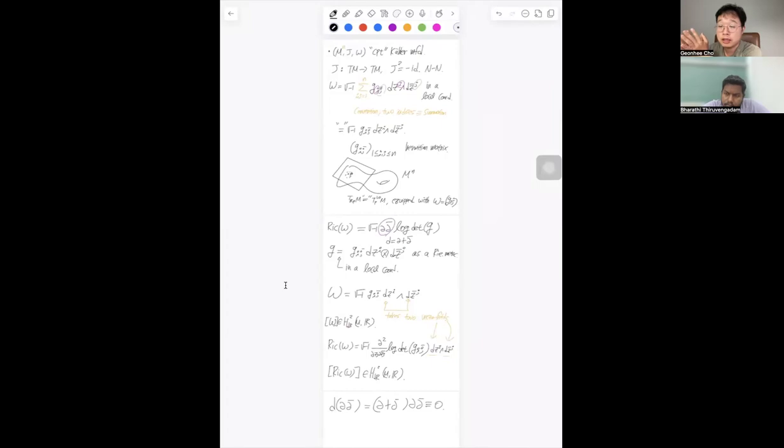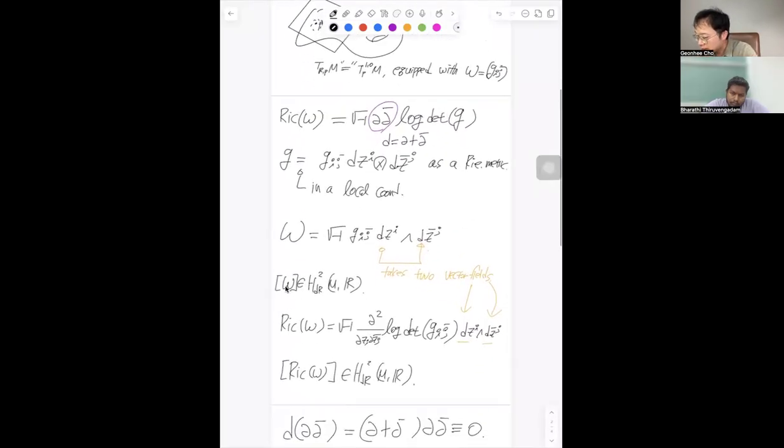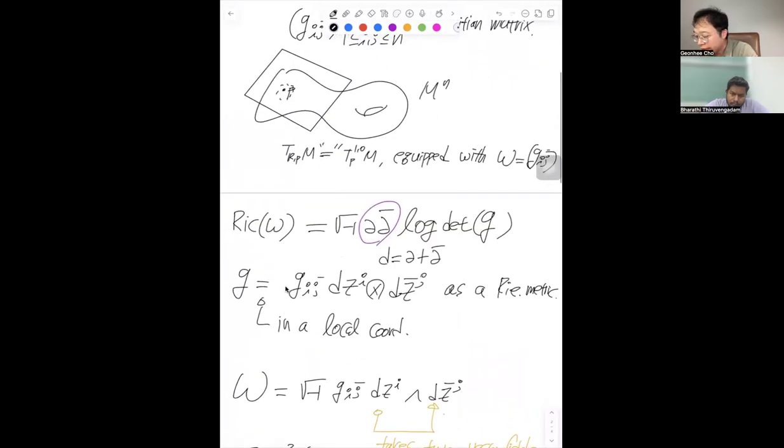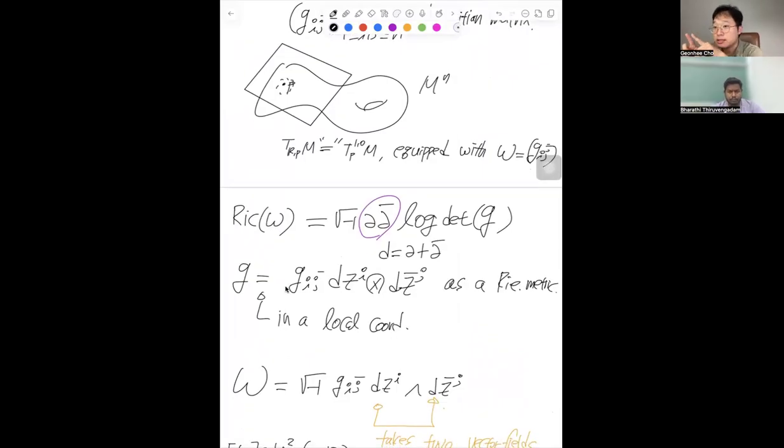So that's why we decompose the exterior derivative d as ∂ plus ∂̄. And it seems that if you look at the Ricci form with respect to omega, because of the nature of ∂∂̄, it is d-closed. But there is a certain inconsistency regarding the exterior derivative and ∂̄. Of course, they are related.